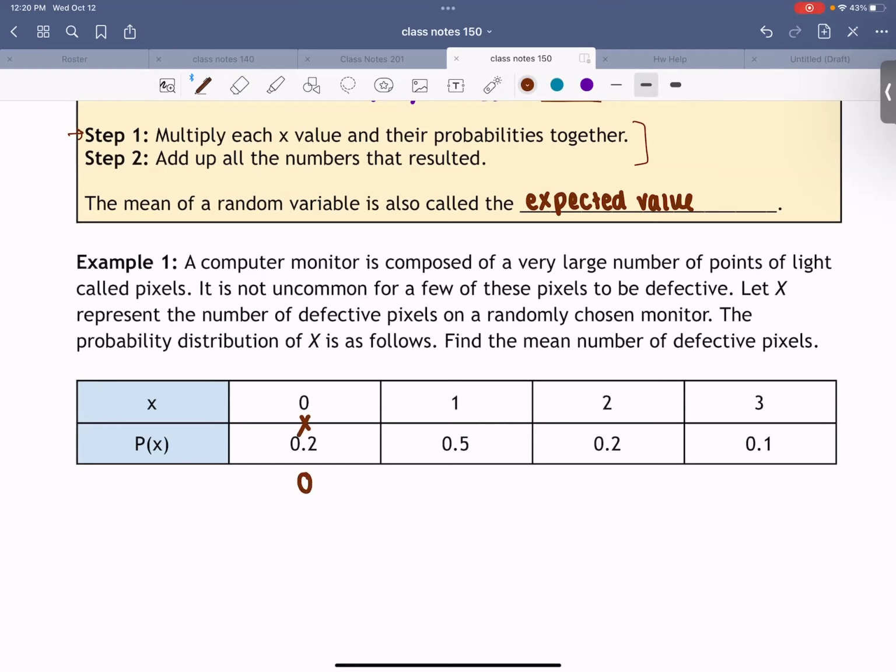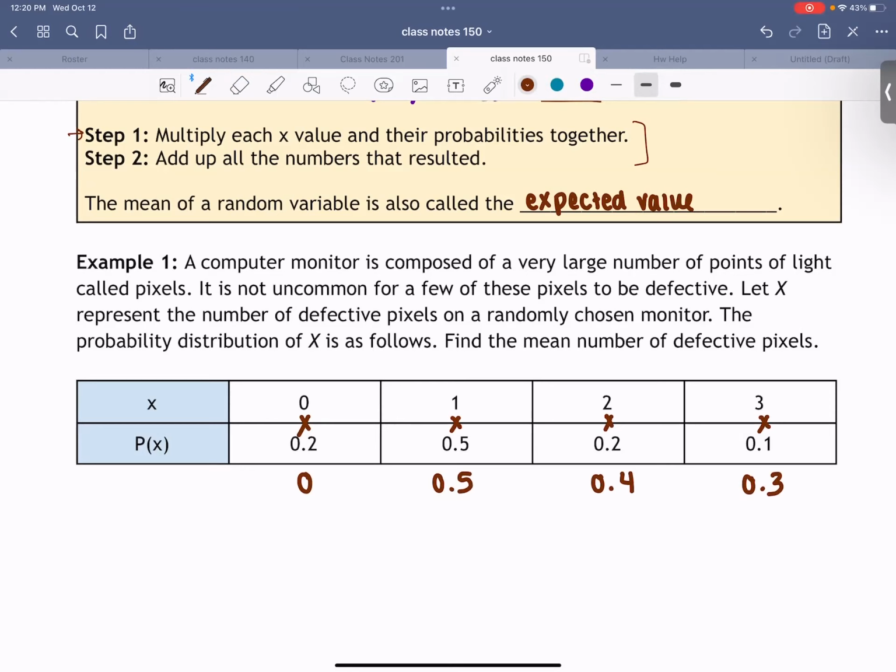Next, I take my X value 1 and multiply it by its probability. 1 times 0.5 is 0.5. I take 2 and multiply it by its probability to get 0.4, and 3 times its probability to get 0.3. So I'm just multiplying down the columns.